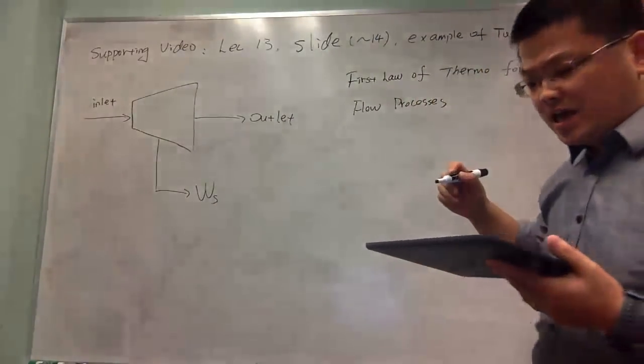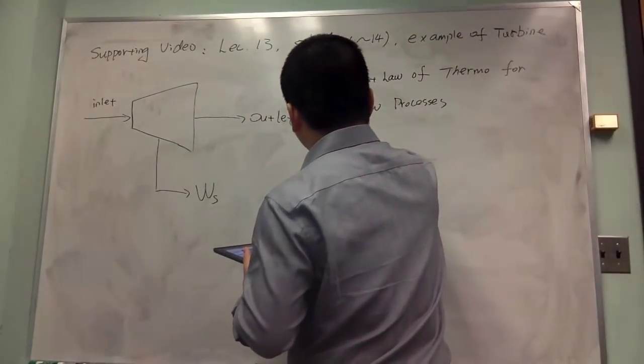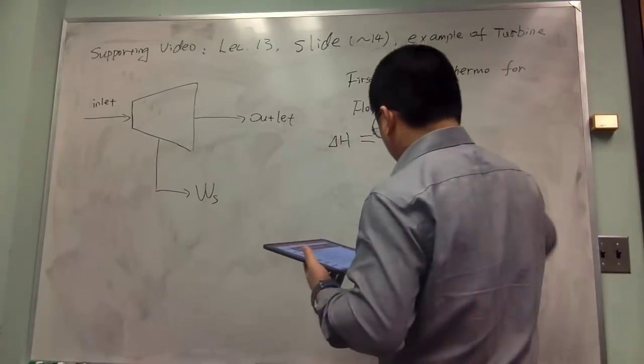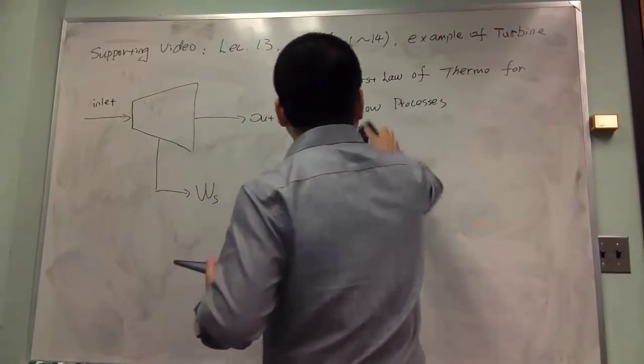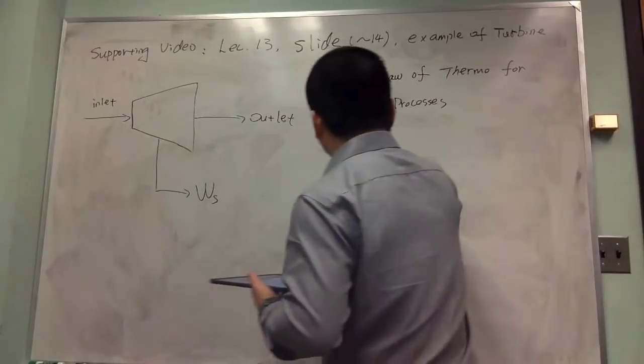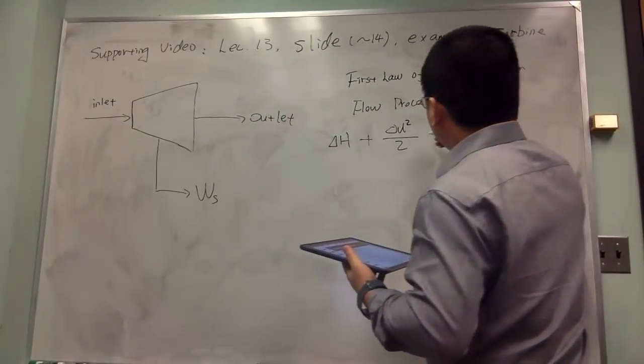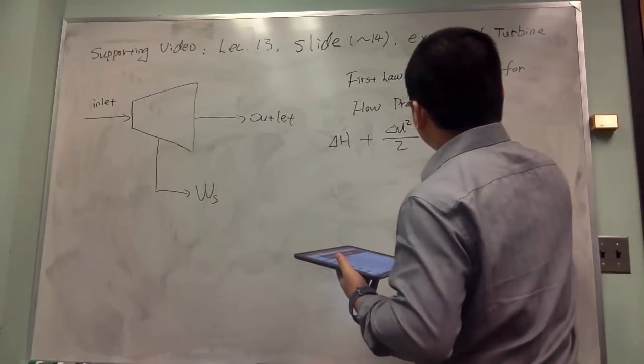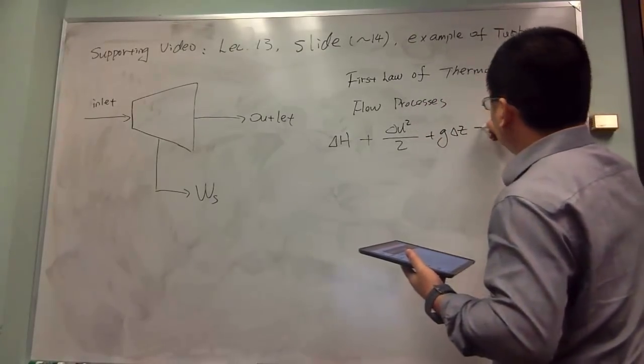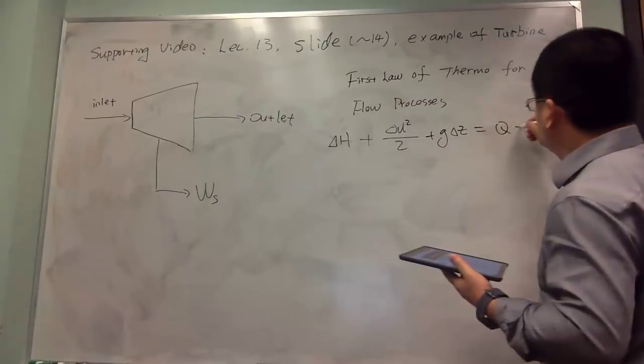Then the general format would be delta H plus kinetic energy change plus potential energy change equals heat and shaft work.